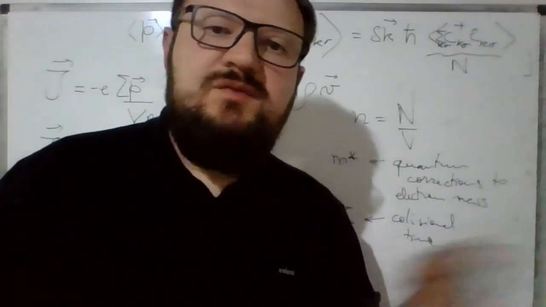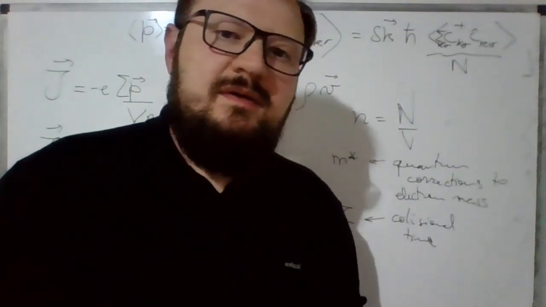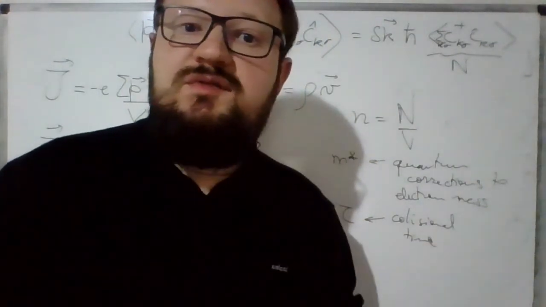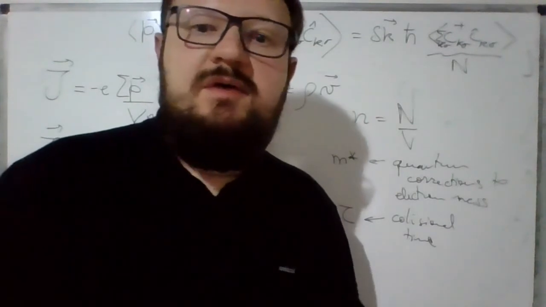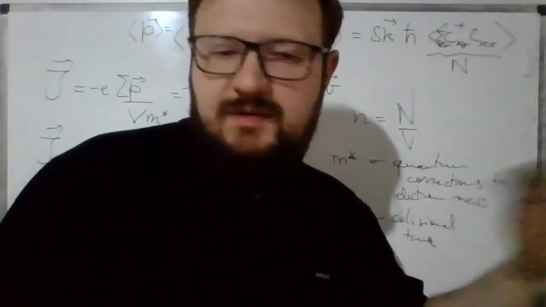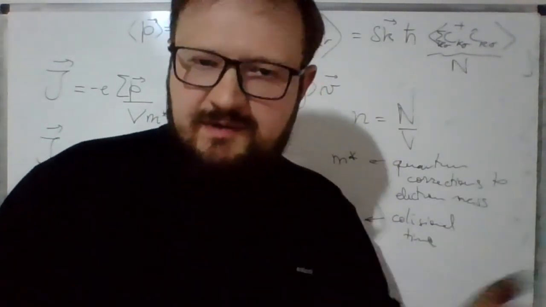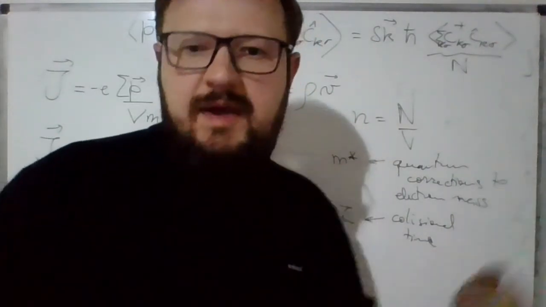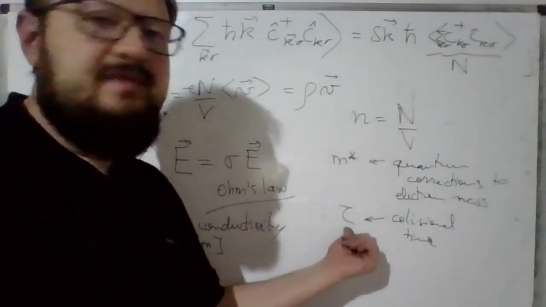They interact with electrons, and these interactions introduce the collisional rate. You need to calculate these interactions to calculate the collisional rate and to calculate this tau here.